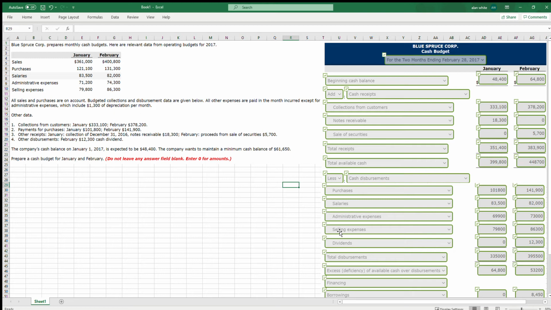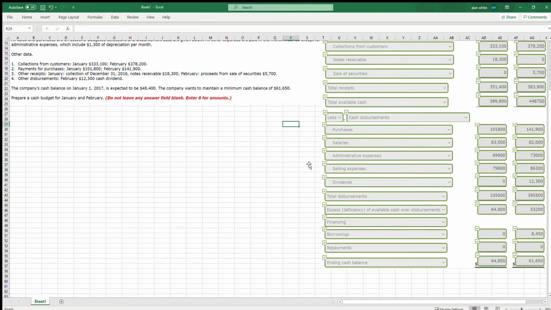So the first thing to look at when we're looking at a cash budget statement is that there are three main parts to it, really. The first part is our cash receipts. This is going to be any way that the corporation is making money during the month. The second portion is going to be our cash disbursements.